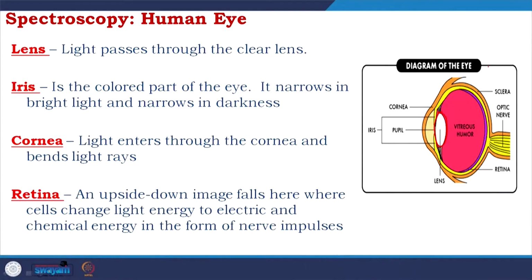If you see something, your brain has to read that. So, the seeing through eyes should be converted to reading by the brain, which is done by the retina. The retina changes the light energy coming in to electric and chemical energy in the form of nerve impulses. The nerve then goes and makes this message established in the brain.